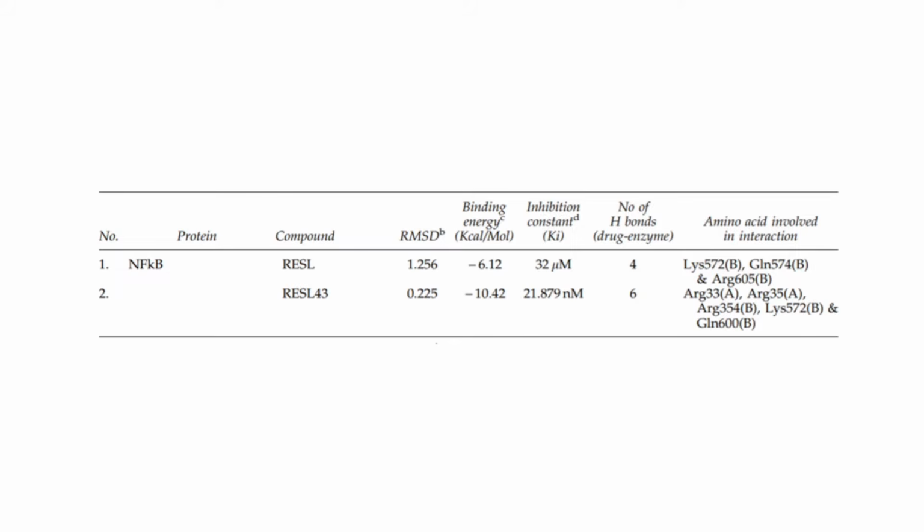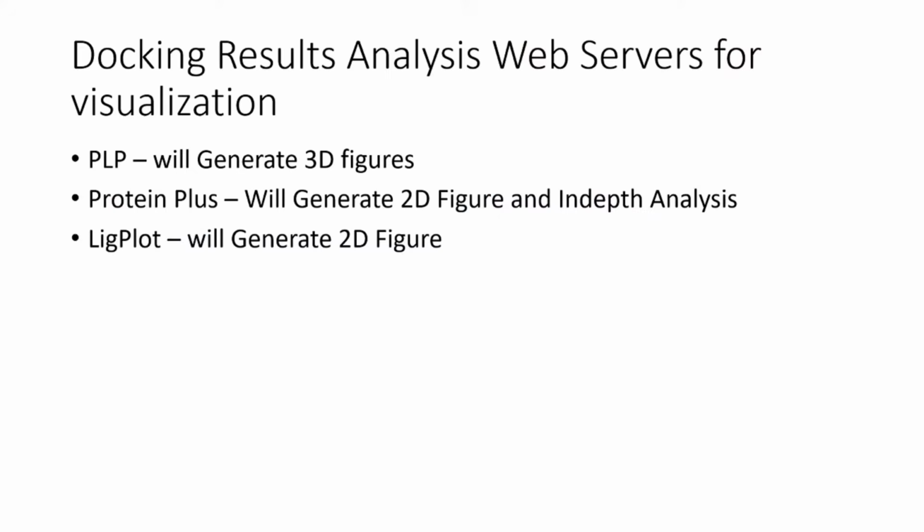So it's very important for us to understand, visualize, or represent the interaction between the protein and ligand molecules. There are various approaches where we can check the visualization of the docked ligand complex by using various softwares and tools. So here the PLIP is there, the protein ligand interaction profiler, Protein Plus, and LigPlot.